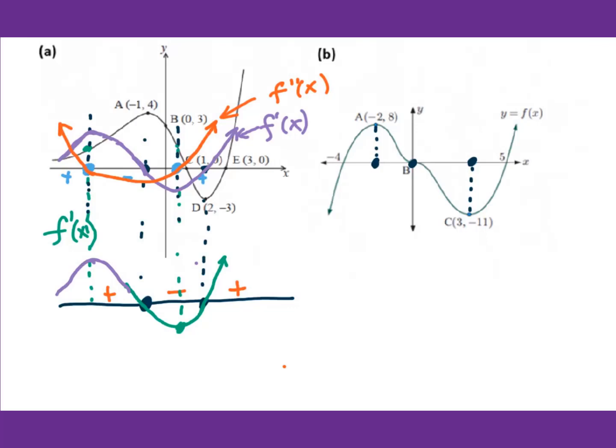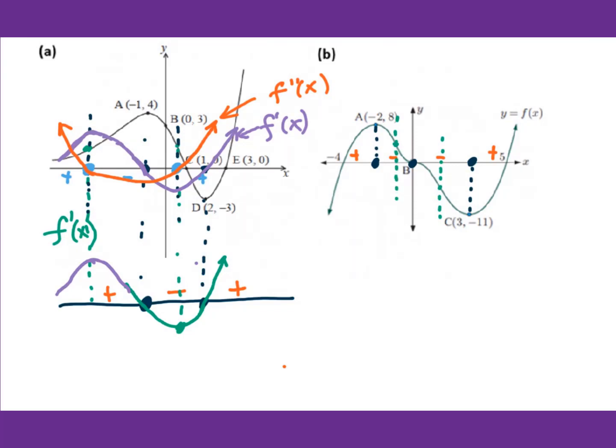Going up, positive, negative, negative. Here's a positive. Then get the inflection point. That will be your maximum or minimum of the first derivative. Suppose over here. Here's 1.